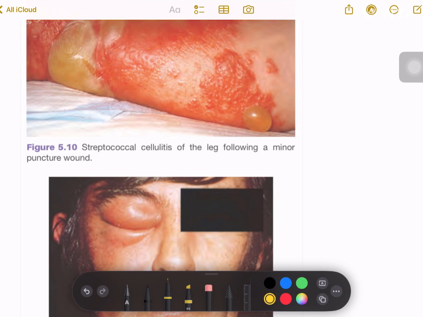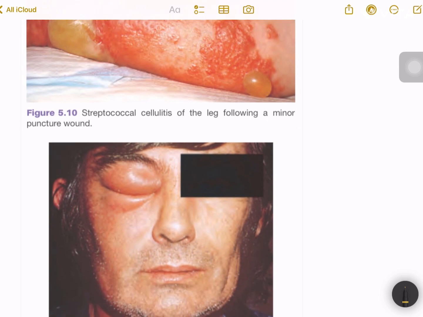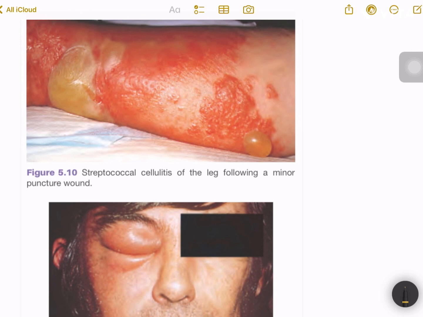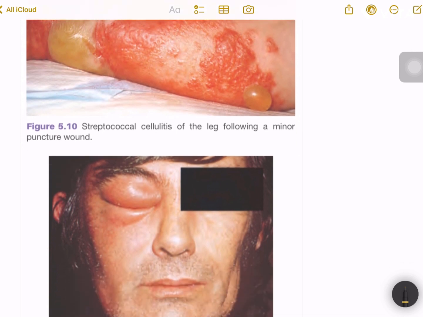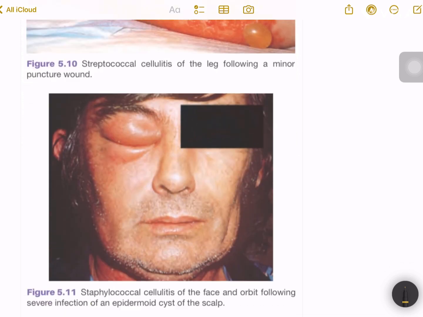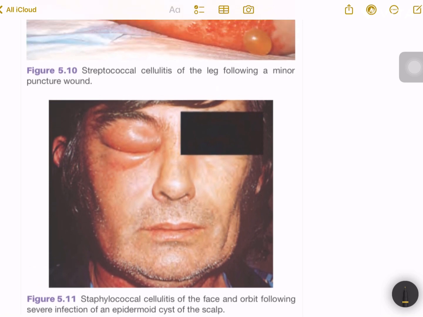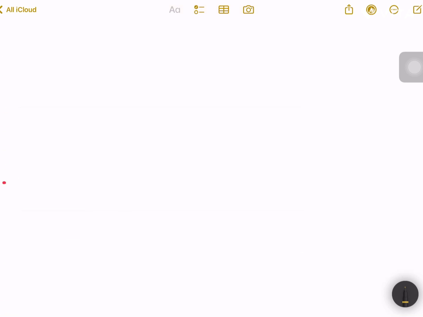This is the streptococcal cellulitis, and this is the staphylococcal cellulitis involving the orbits. This is involving the leg following a minor puncture wound. This is staphylococcal cellulitis of the face and the orbit. We can see the swelling around the face and the orbit.